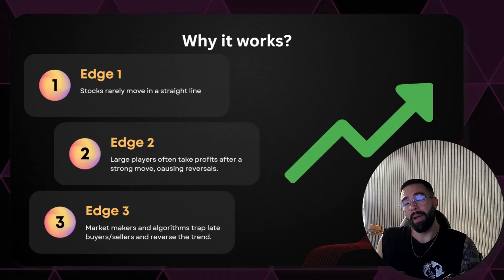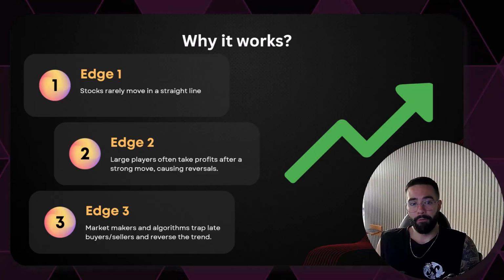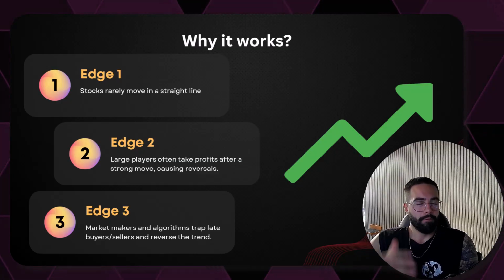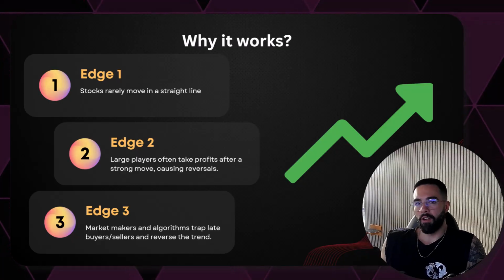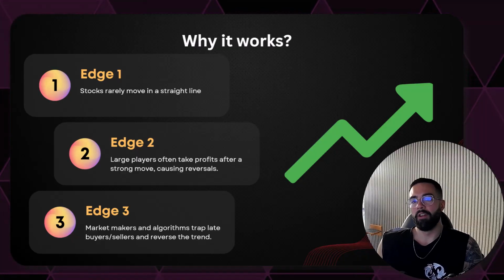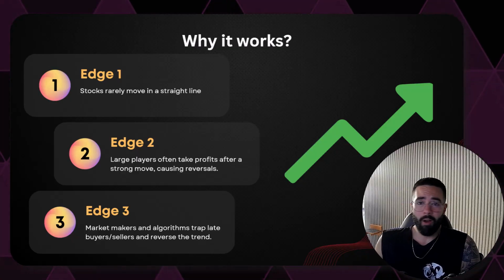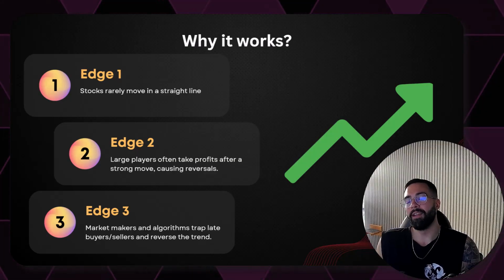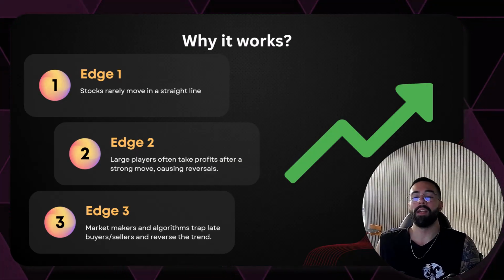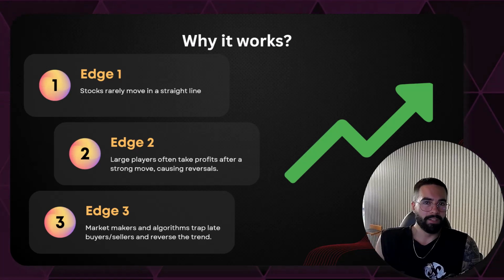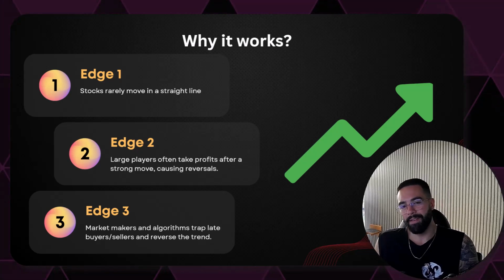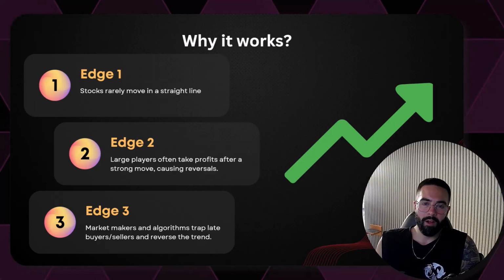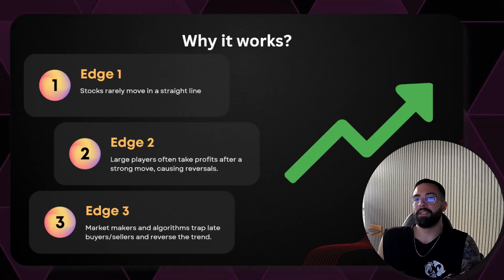Now, why I think this strategy works so well. I see three main edges with that specific strategy. The first one is that stocks rarely move in a straight line. Of course, this one you need to take with a grain of salt. There are some specific days where you're gonna have some stocks that just go up in one direction or go down in one direction, but more often than not, at some point in the day, the price is gonna reverse back down. Because the psychology behind that is, let's say you have a stock that had some positive news and it starts going up for the first 30 minutes, first hour of the day.